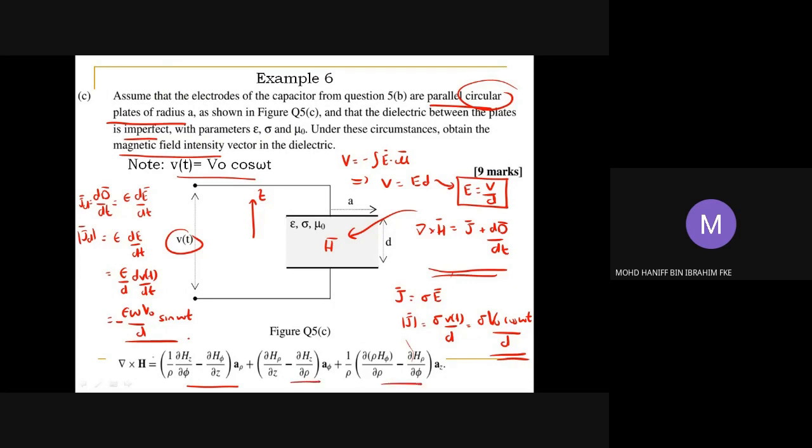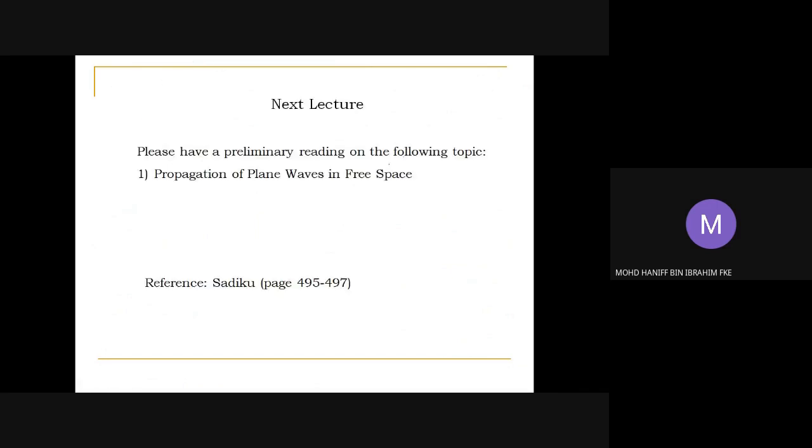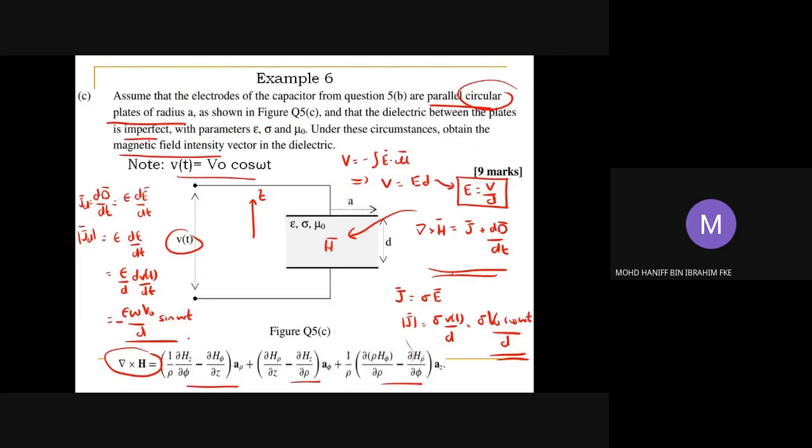This is the basic equation for the curl of H. But since we have agreed from the equations here that the curl of H will only be in the Z direction, because the current will only be in the Z direction, we can only consider this term to exist. So the terms of the R direction and the phi direction can be cancelled out, and you only consider the component of the Z direction.